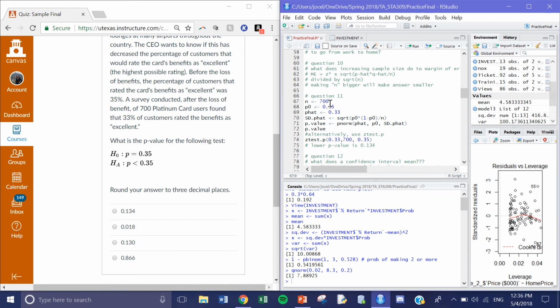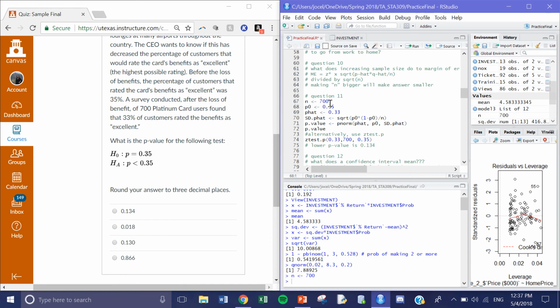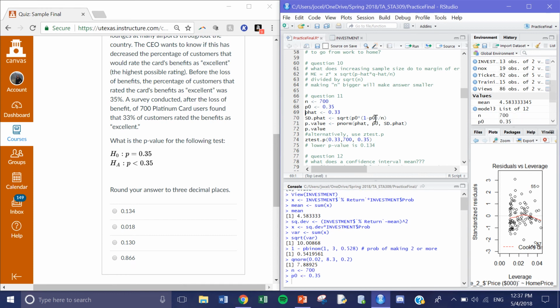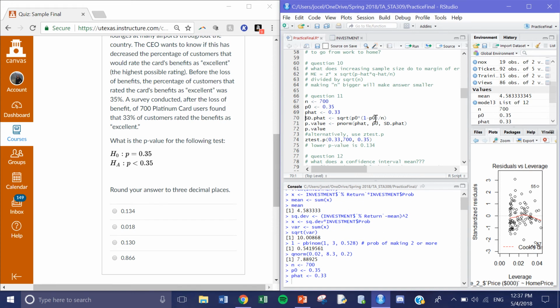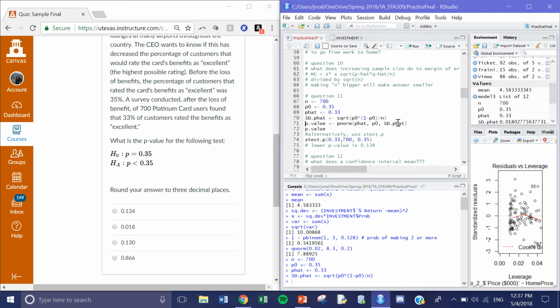So the first way, I'm going to set my sample size to 700, my p0 to 0.35, and my p hat to 0.33. And I calculate the standard deviation by doing the square root of p null times 1 minus p null, divided by n. And then I do my p-value by putting in my p hat, my p null, and that standard deviation.